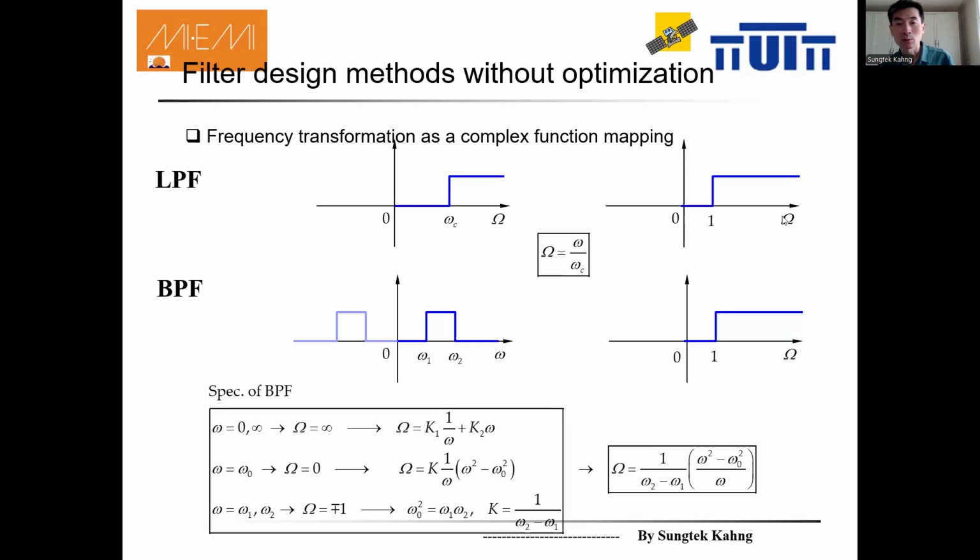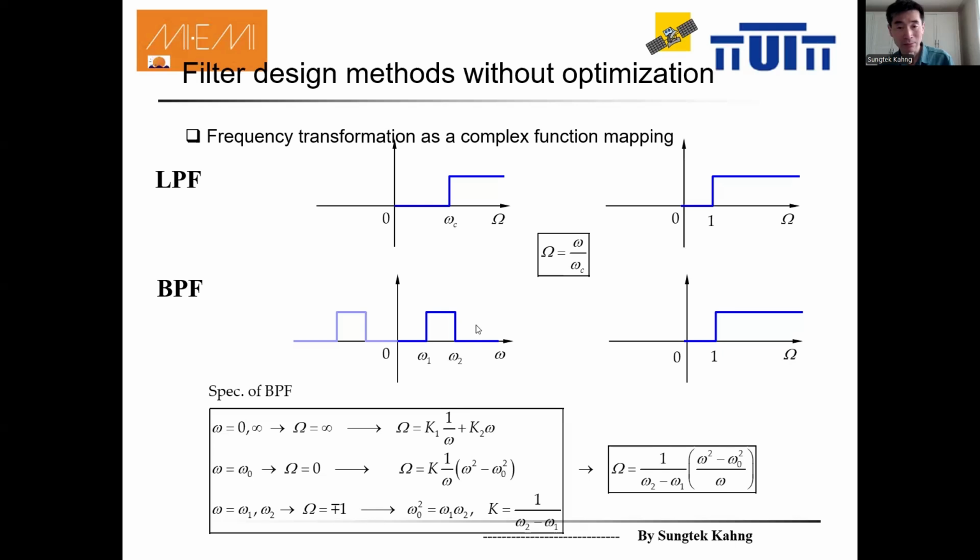Normalization and frequency transformation change the low pass filter prototype to a bandpass filter according to these formulae. As you retrospect what was going on in your microwave engineering 101 class, you remember that is the frequency transformation.